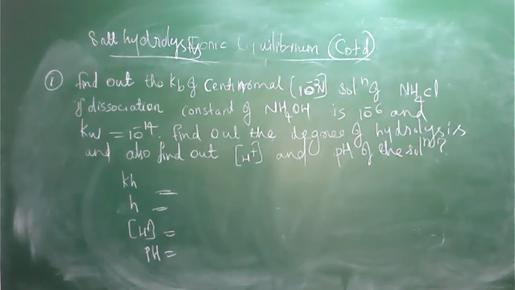Weak acid condition or strong acid, weak base condition. Weak base. Find out Kh, find out H plus. Kh equal to, simple. Kh equal to Kw divided by Kb, base.